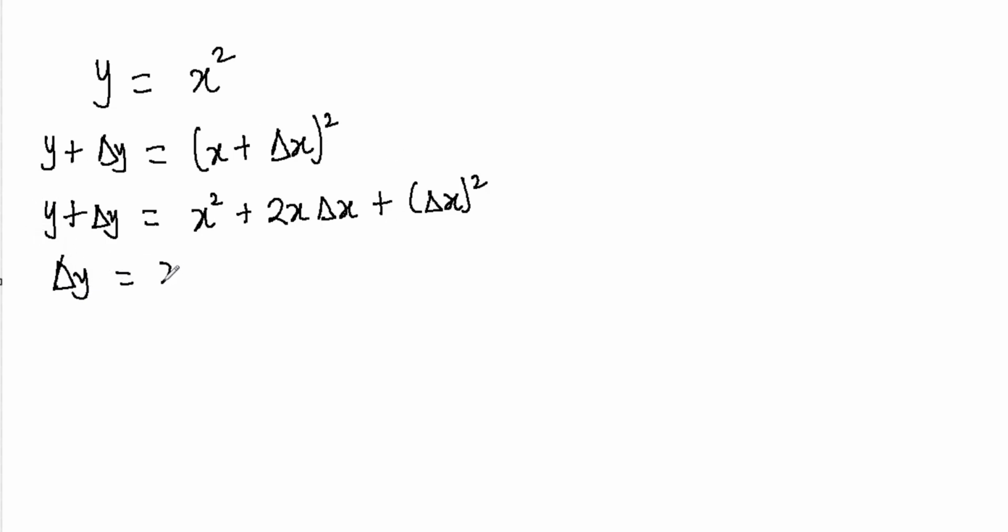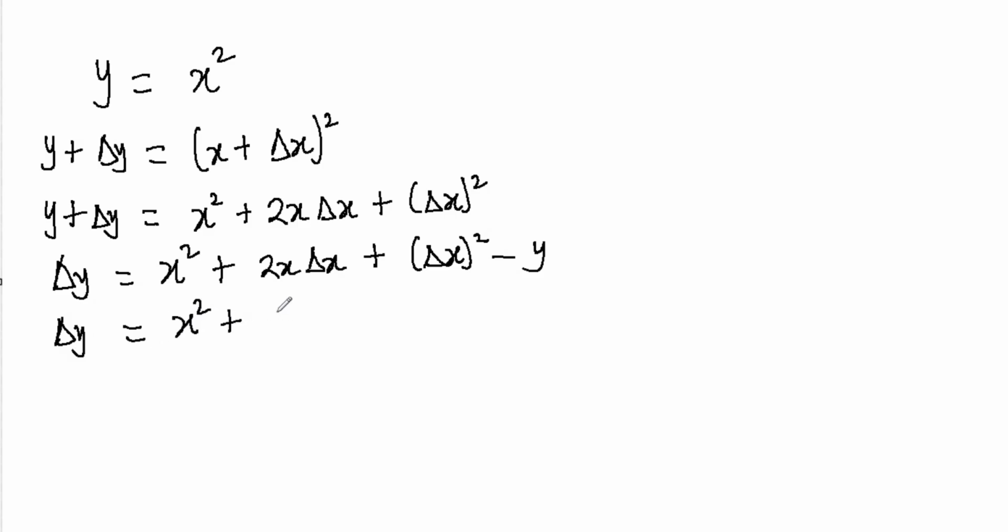And then I need to bring this y to the right hand side. So we have change in y equals x squared plus 2x change in x plus (change in x) squared minus y, but then we know y is equal to x squared from our original question, right?